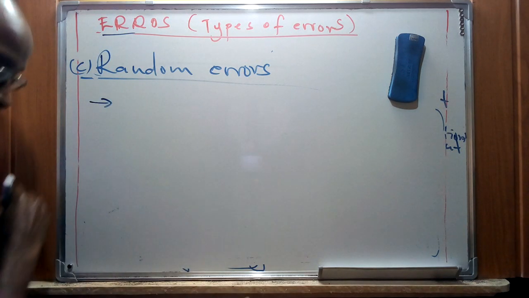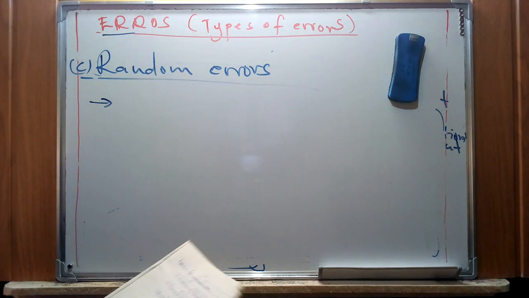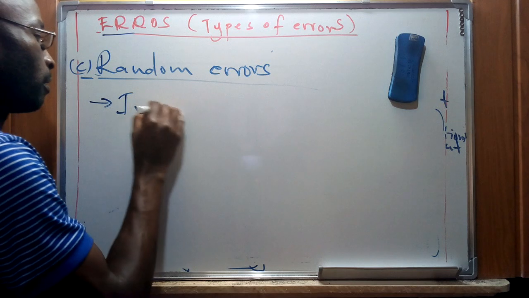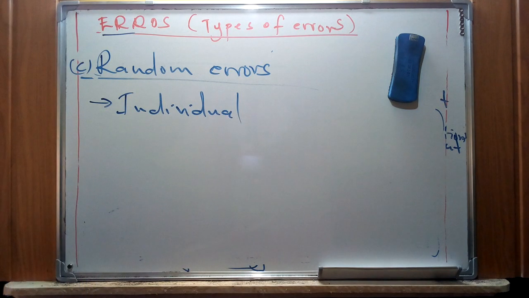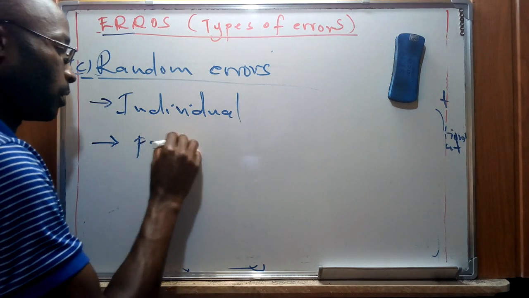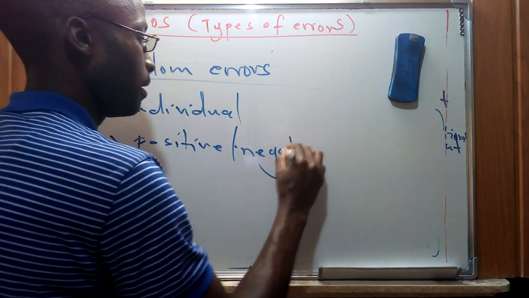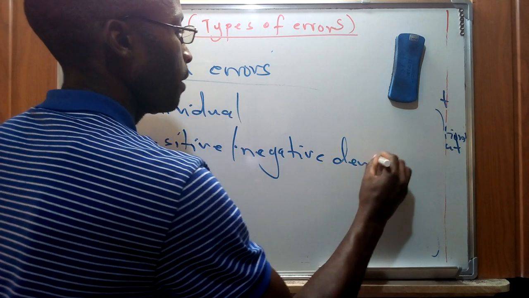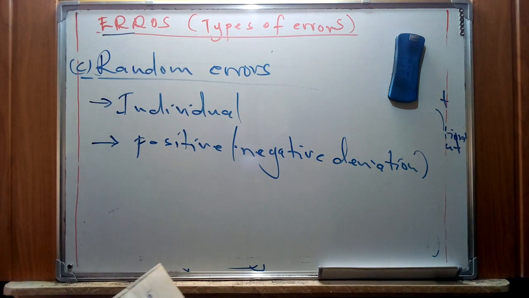And this is going to result from the individual who is taking the readings, perhaps from fatigue, or external environment causes which result in errors. And this can either be positive or negative deviations from the expected value. So these are referred to as random errors.